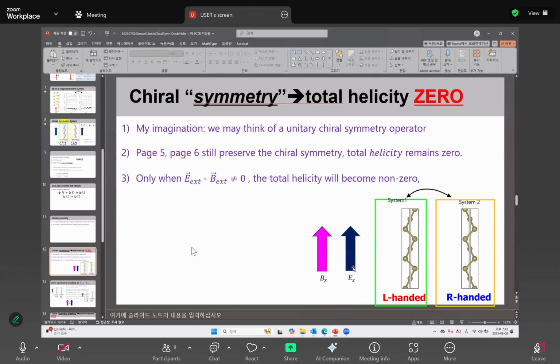We will present a very condensed meta version of the chiral symmetry breaking. But keep in mind that this chiral symmetry breaking is very analogous to the chiral symmetry breaking in quantum field theory.